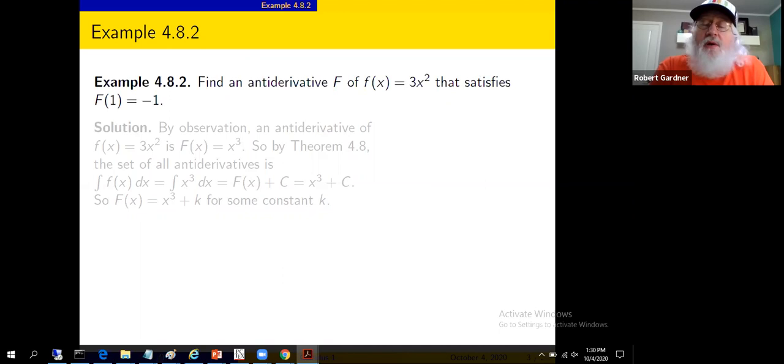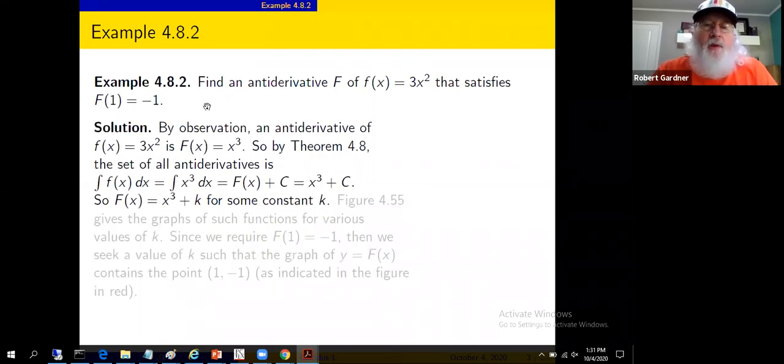It's not explicitly a question about indefinite integrals, but we're going to approach it in terms of indefinite integrals because the indefinite integral is the set of all antiderivatives. So that thing, lowercase f, it's got a whole bunch of antiderivatives. We're looking for a specific one that satisfies this condition.